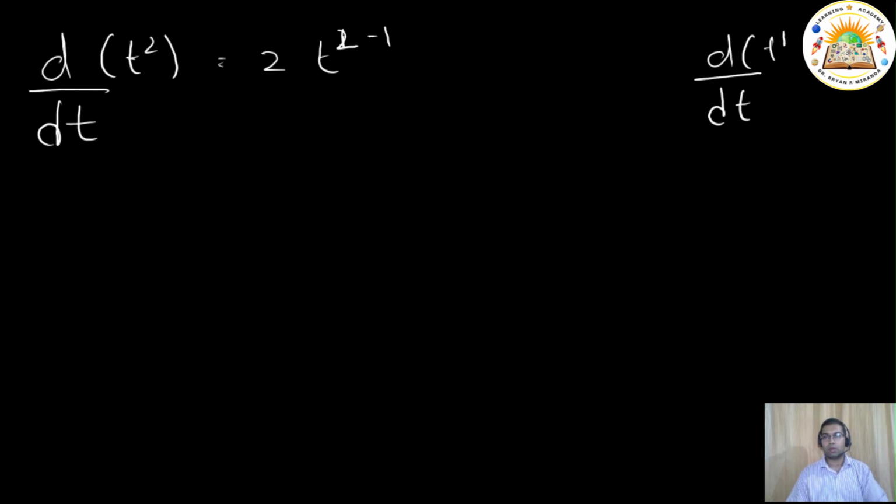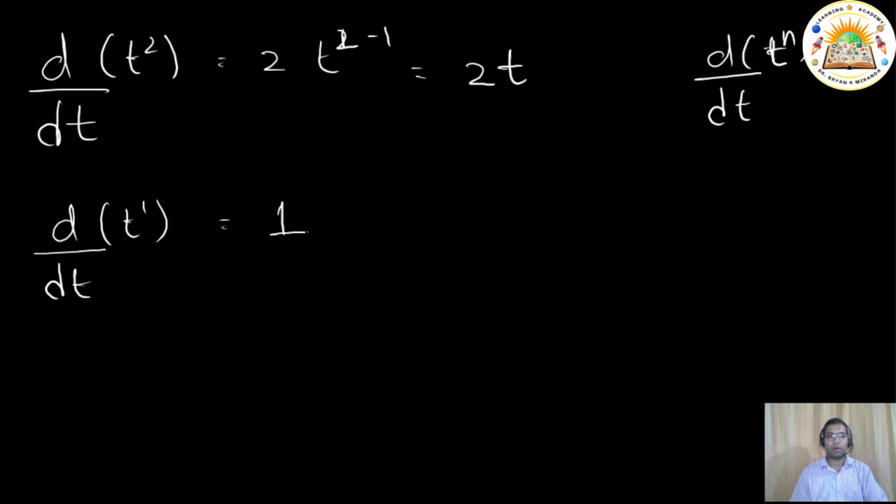So d by dt of t square will be nothing but n is 2, t to the power 2 minus 1. d by dt of t power n is given as n times t to the power n minus 1. So this will give you 2t. d by dt of t power 1 is 1 into t to the power 1 minus 1, which is t power 0.